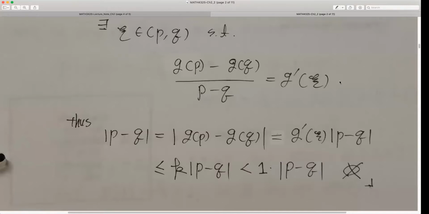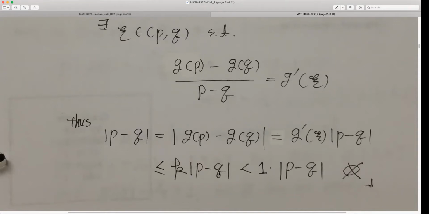Now we got absolute value of p minus q is equal to the absolute value of g(p) minus g(q), because p and q are fixed points. So we can say that p is equal to g(p), and q is equal to g(q). Now this is equal to what? By that formula, we multiply by p minus q on both sides and take absolute value, you're going to get this. Okay. So now that is less than or equal to k times the absolute value of p minus q.